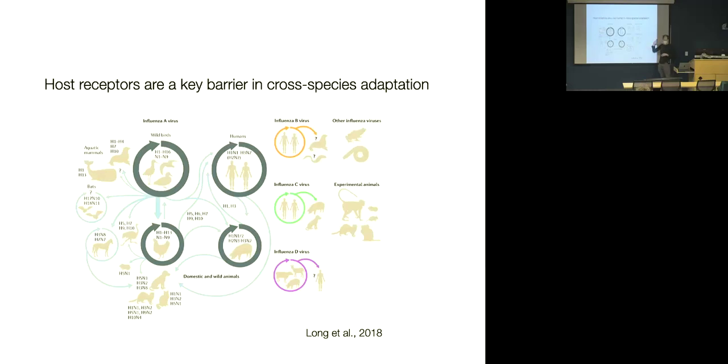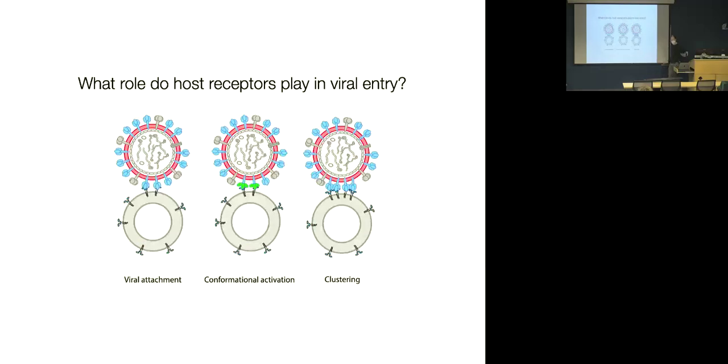This is a key aspect of adaptation. From a more mechanistic viewpoint, there's the question of what role host receptors are really playing in viral entry. They're absolutely key for viral attachment.